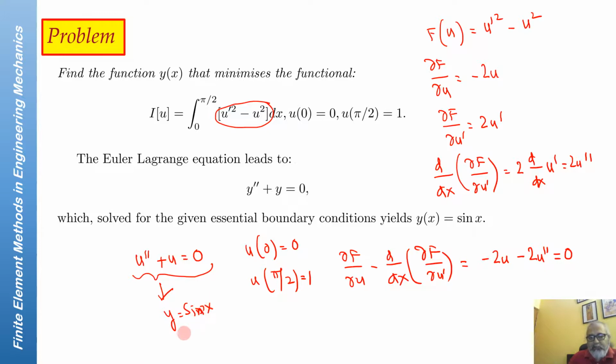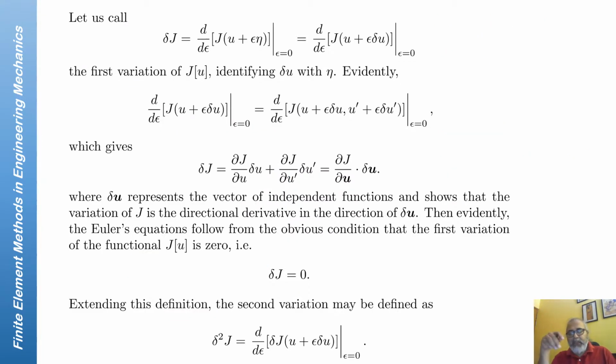So the minimum value of this quantity I will be obtained when you take u equal to sin x and do this integration. That's what is equivalent to solving this differential equation. So this is one example, and we will look at other examples in the next installment.